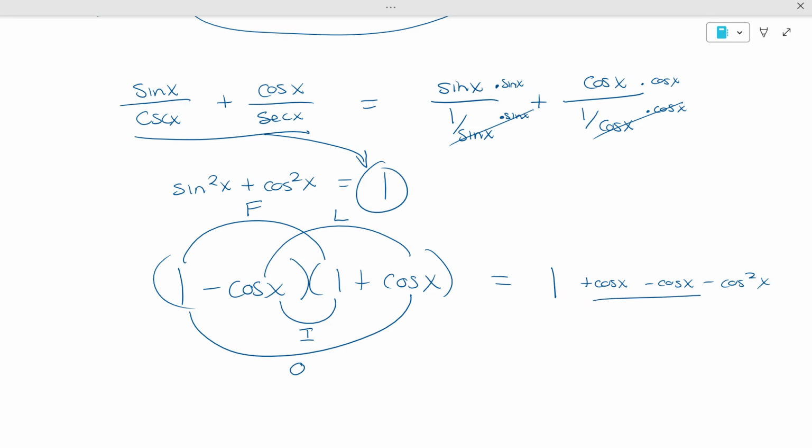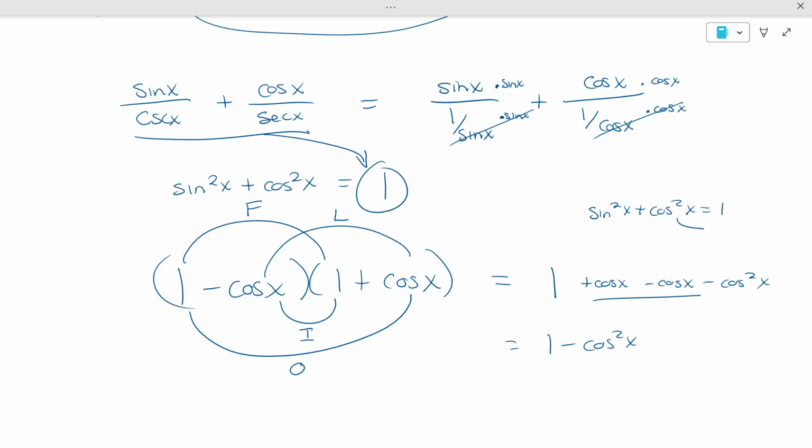What happens to our middle terms? Cancel. So I get 1 minus cosine squared of x. And you think, yep, I'm done. Nope, you're not. Because we can simplify it just a little bit more. Remember that sine squared of x plus cosine squared of x equals 1, correct?